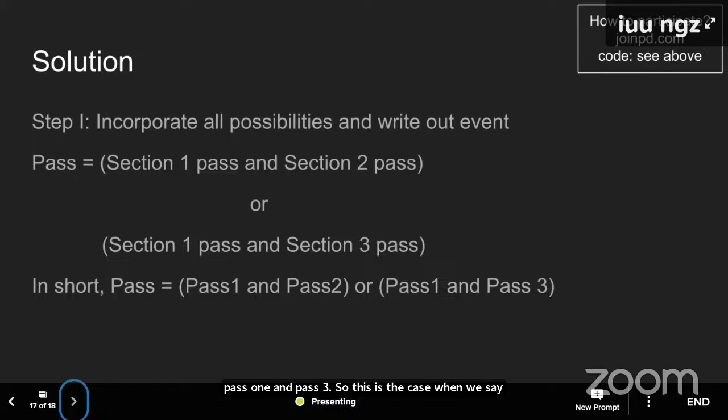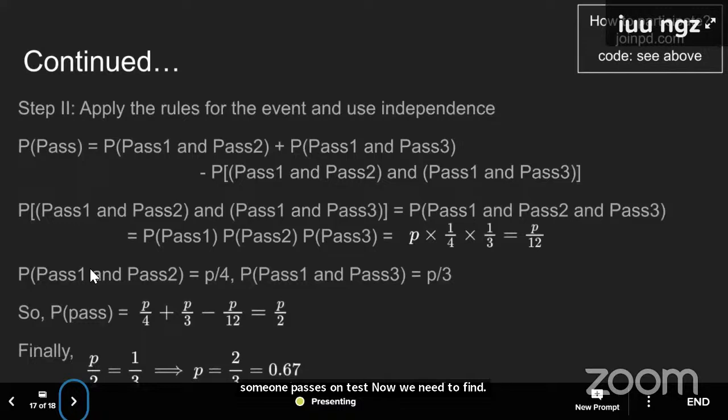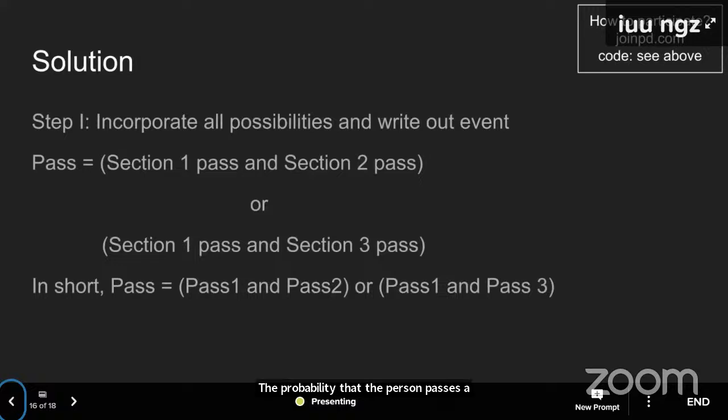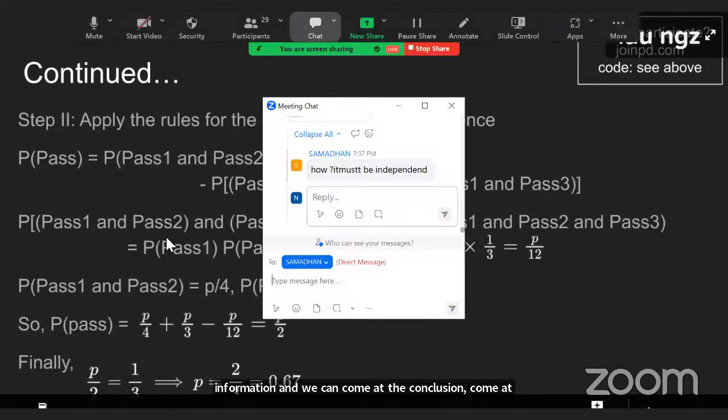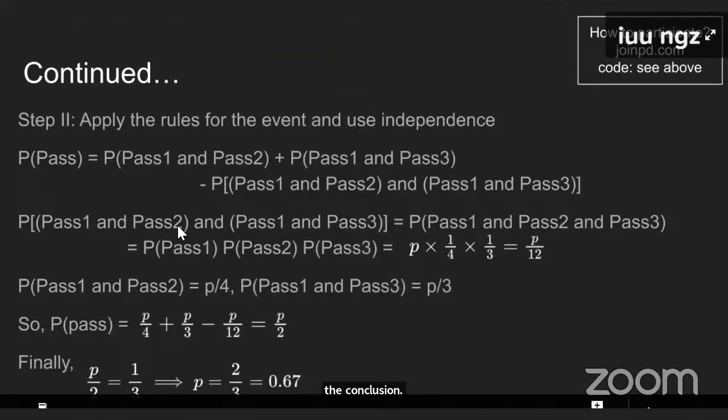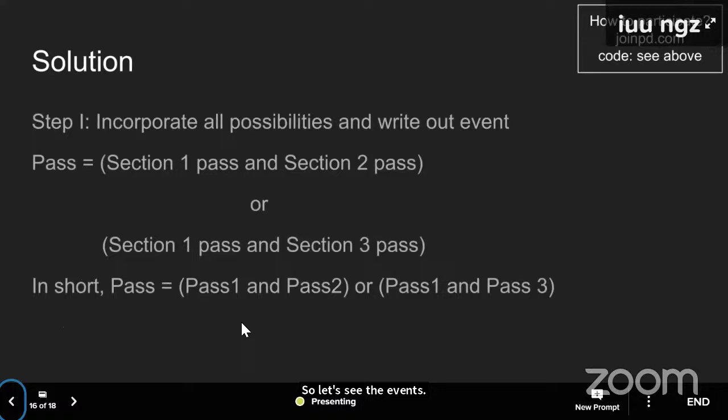Now we need to find the probability that a student passes section 1, right? So we have to use all this information to come to the conclusion. What is the probability of a person passing the test? Let's see the events. There are 2 events: pass 1 and pass 2, or pass 1 and pass 3.